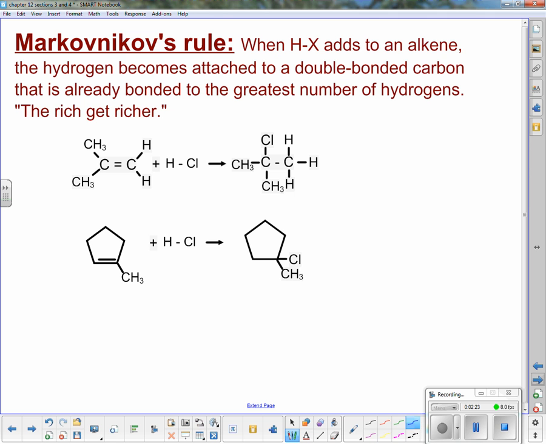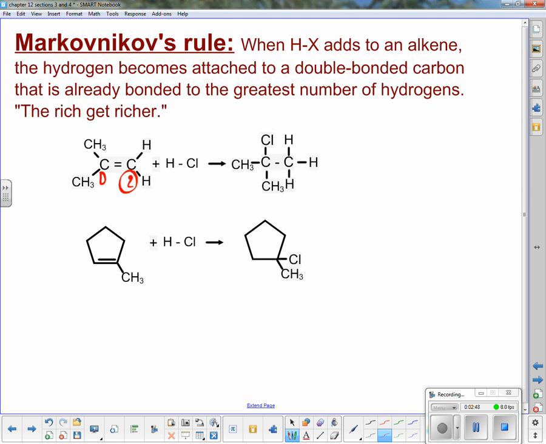So as I look at this and I come in here, let me get a nice skinny pen. This carbon here has 2 hydrogens. This carbon has 0. So the carbon that has the most hydrogen gets another one, and the carbon that has the least gets whatever's left over. So that's why we end up right here.